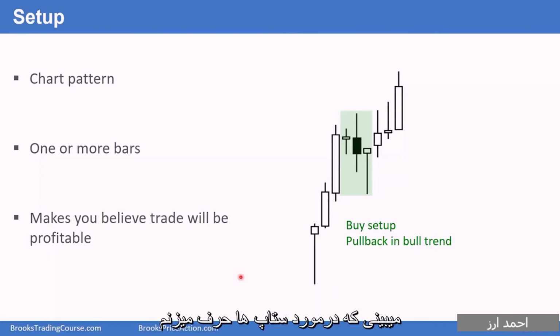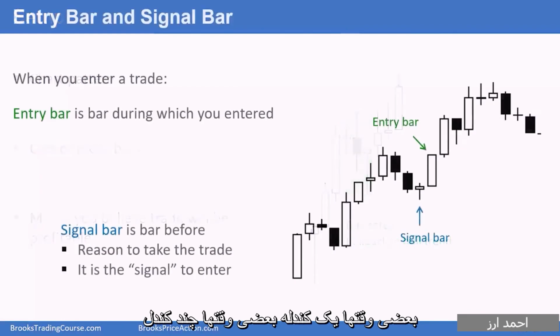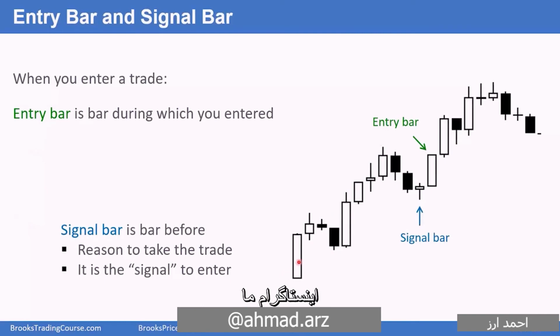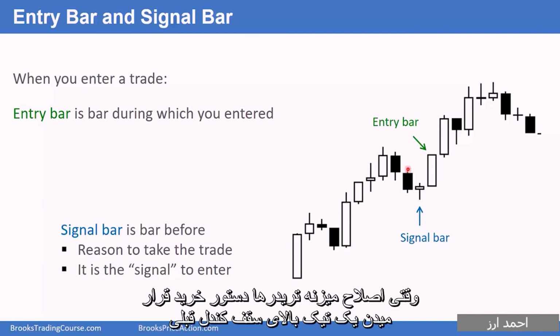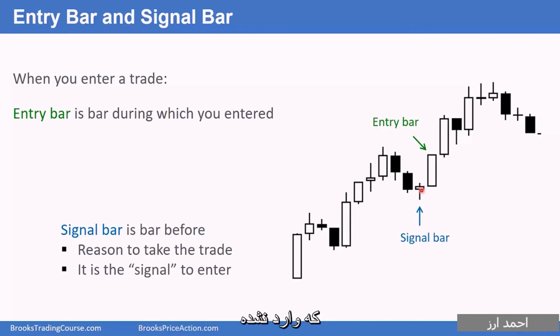You'll often hear me talk about setups, and it's a chart pattern. It's something on the chart, and it makes me believe that there will be a profitable trade. Sometimes the setup is 1 bar, sometimes it's 3 or 4 bars, sometimes it's 20 or 30 bars. So, for example, we have a bull trend, and it's pulling back for a few bars, and as it's pulling back, traders are placing buy stops 1 tick above the high of the prior bar, did not get filled.